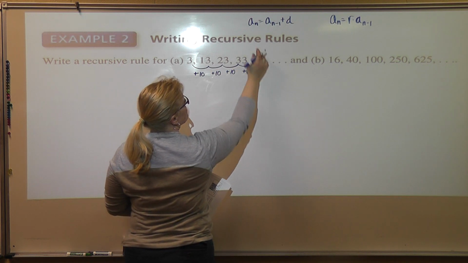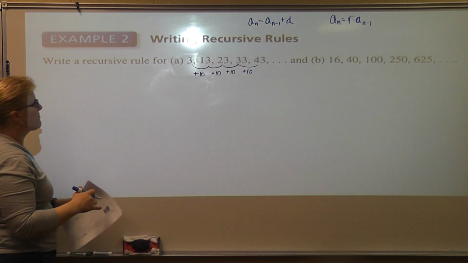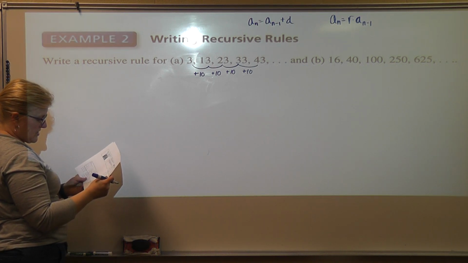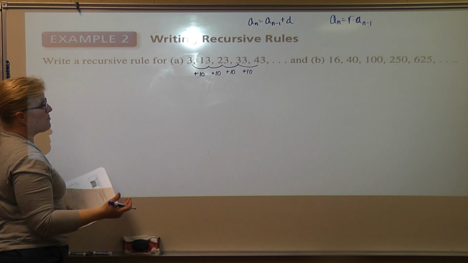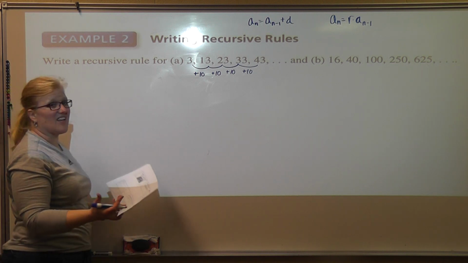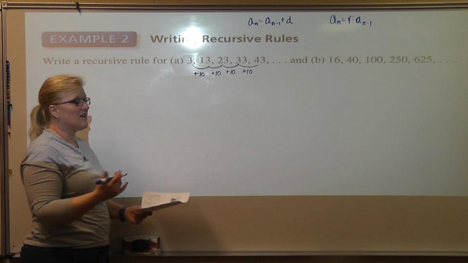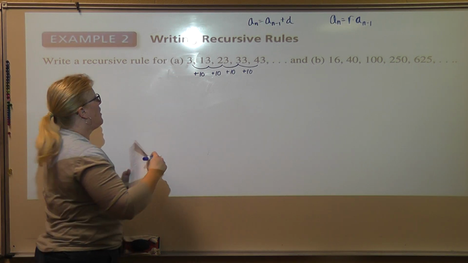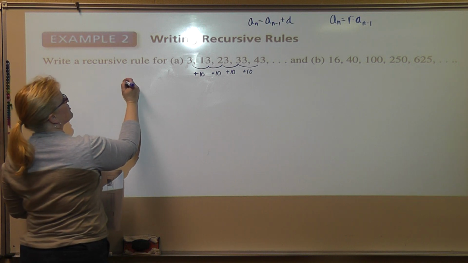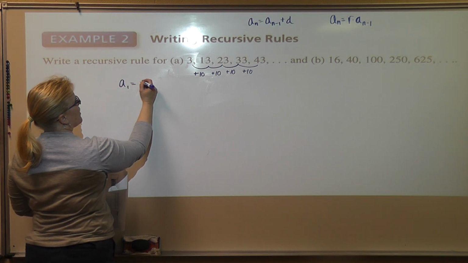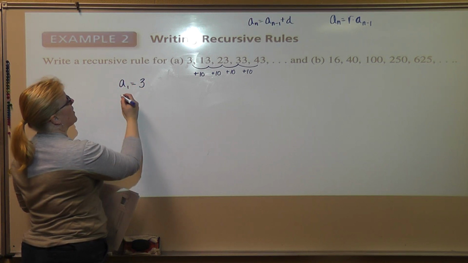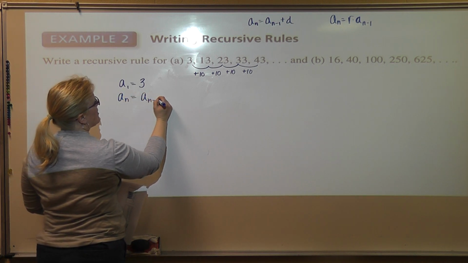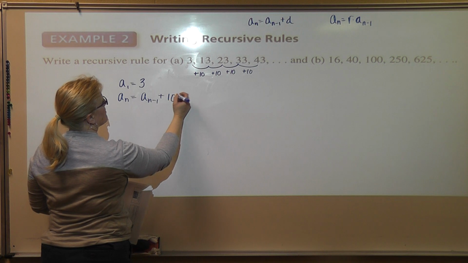So we're going to use the arithmetic formula. And what we're going to need is, well, we don't need much. We just need d, and we have it right there. It's 10. So I do need, though, what it's going to start with. So in my answer, I have a sub 1 equals 3. That's my first one. And then a sub n equals a sub n minus 1 plus 10.